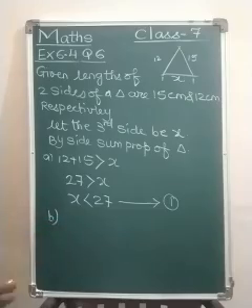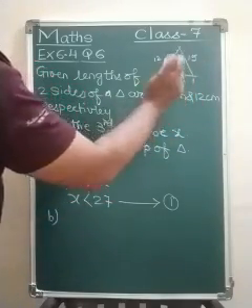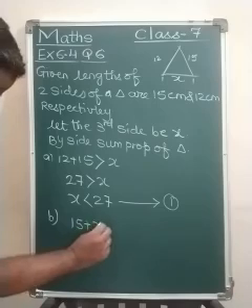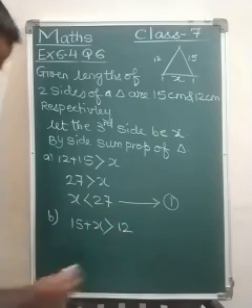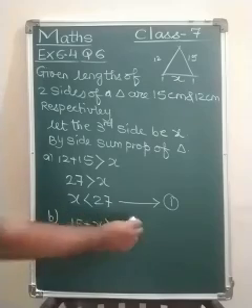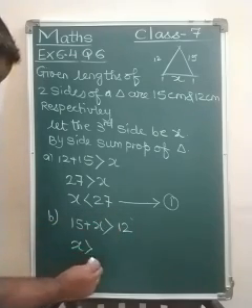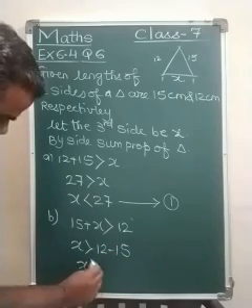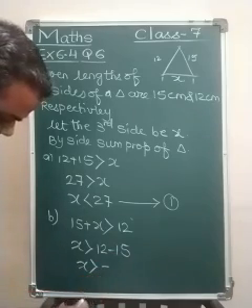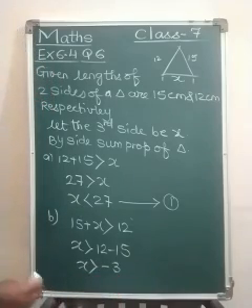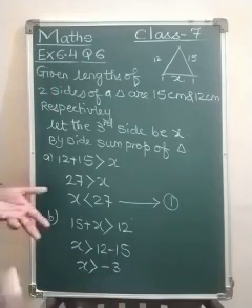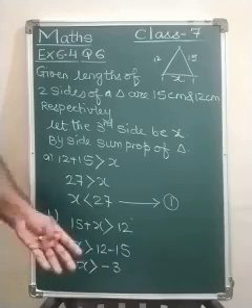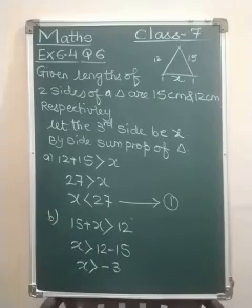Now the second thing, 15 plus x should be greater than 12. Transpose 15 to the other side. x should be greater than 12 minus 15. Therefore, x should be greater than minus 3. But minus 3 we cannot have as a measure. On a scale we cannot take minus 3 as a measurement. So what we will do?